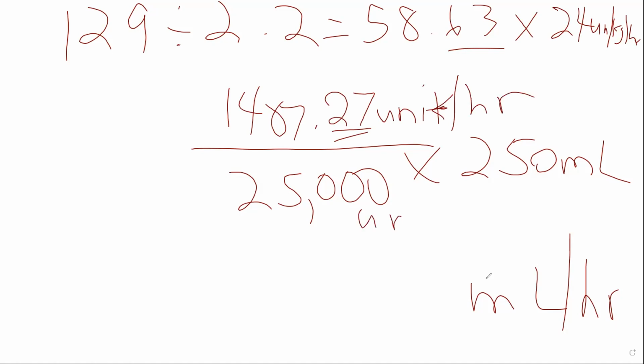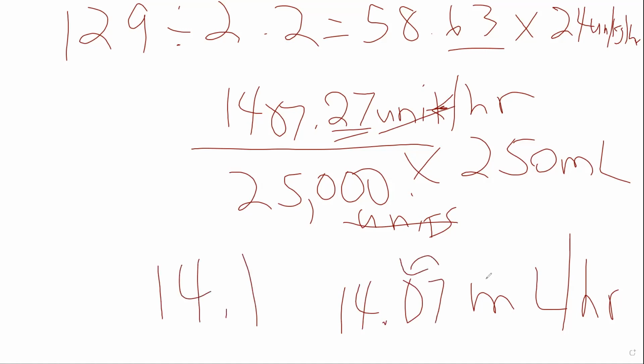This is units. This crosses out, that crosses out. Now you take that whole number, divided by 25,000, multiply times 250. That gave you 14.07. This rounds to 14.1.